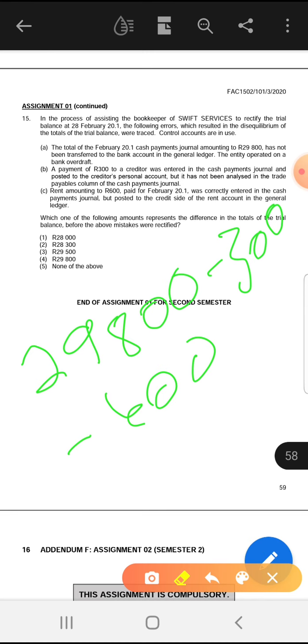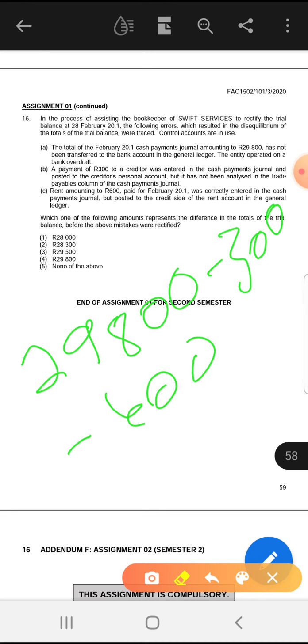Okay guys, what is going to happen with number C? We have to correct this error which was made for rent. Rent was entered on the credit side of the rent account on the ledger, which was wrong.